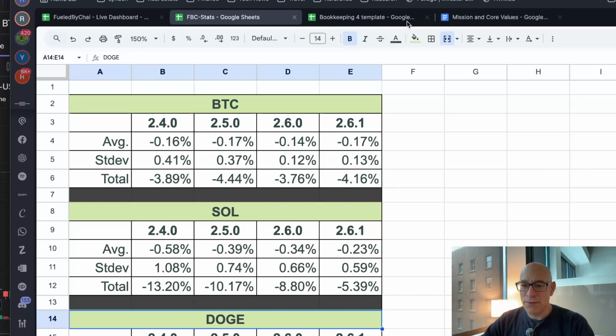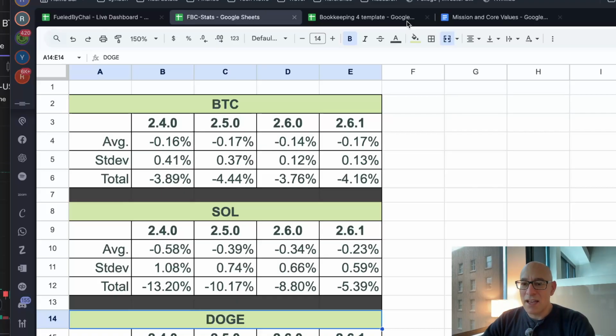That held true for Bitcoin, but for Solana and Doge, it was inconclusive. So I wanted to do an experiment: remove the order book imbalance and trade flow data from the strategy and see if it makes any impact on the results. Because if it's not adding any value, then why even have it in there? So that's the 2.5 strategy.